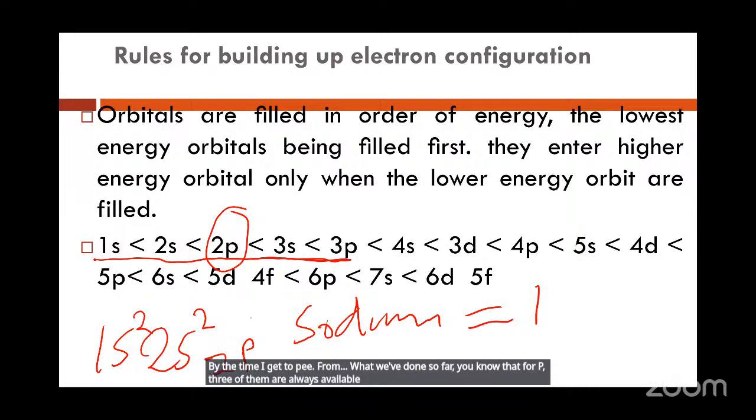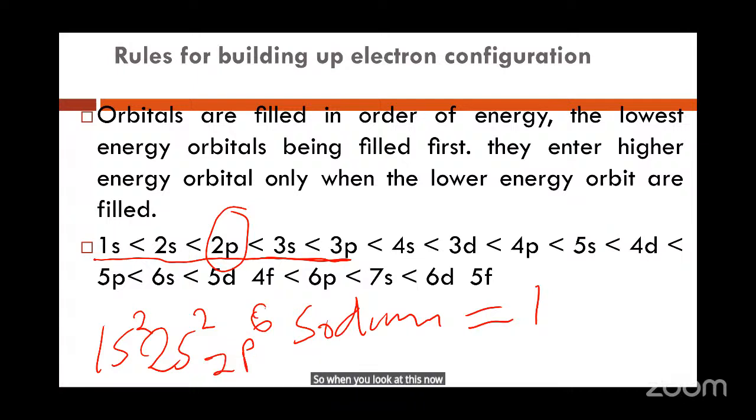So you put 6. Each of them will take a maximum of 2. So when you look at this now, you have 10 already, and you are going to 11. So the next available orbital after 2p will be 3s. And so I'm going to put 1 there to complete that electronic structure.